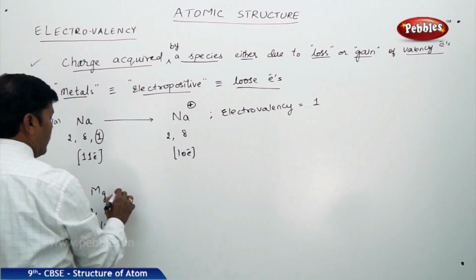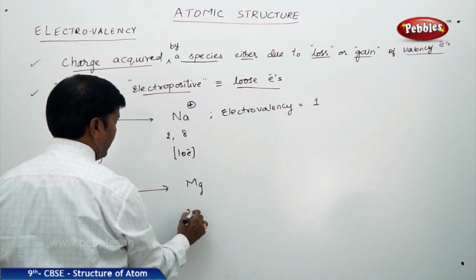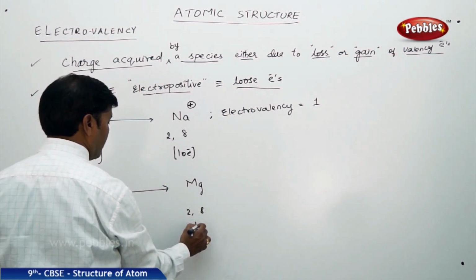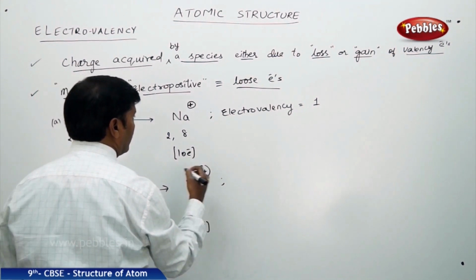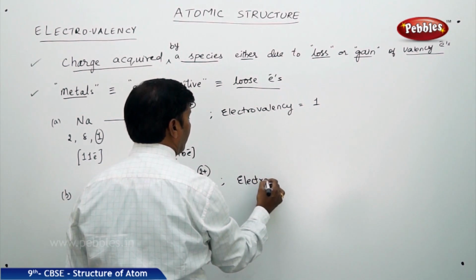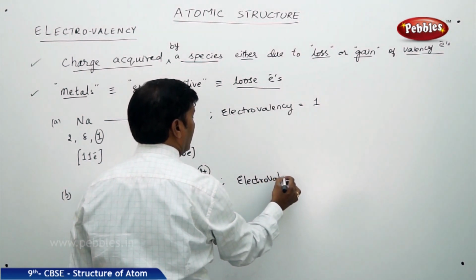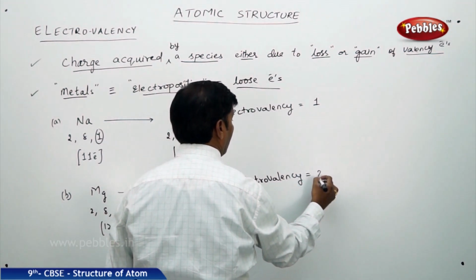Magnesium will lose 2 electrons, so it has 10 electrons and has acquired 2 units of positive charge. So the electrovalency of magnesium is 2.